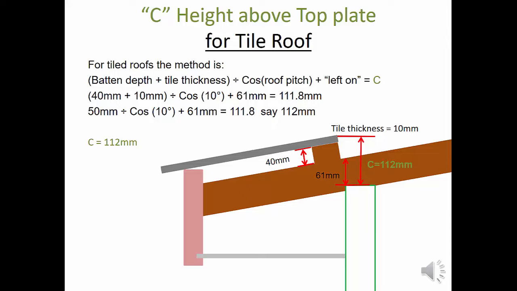So the calculation is bracket, batten depth of 40 millimeters plus tile thickness of 10 millimeters, close bracket, divided by cos 10, plus 61 millimeters. This gives us a height above top plate of 111.8 millimeters, say 112 millimeters height above top plate.